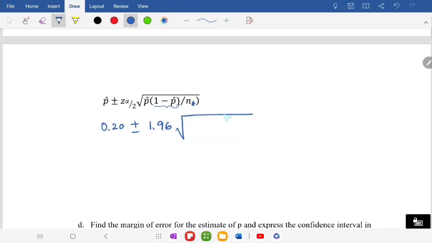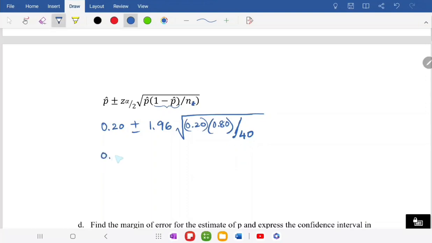Square root over P hat again is 0.20 times 0.80 divided by N, which is 40. Since this is a division, I'm going to write the 40 a little bit below the line.